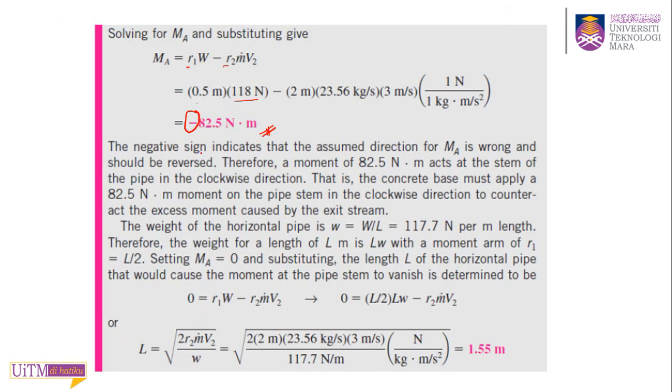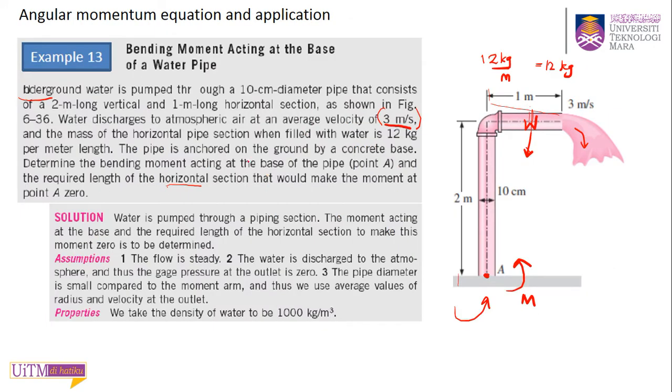So that's why we get the value negative. So it's not wrong, just that the assumed direction of MA is wrong, as mentioned here, and it should be opposite, in clockwise direction. Okay, so this solves your first question. They ask you to determine the bending moment.